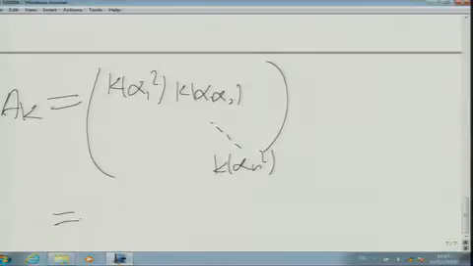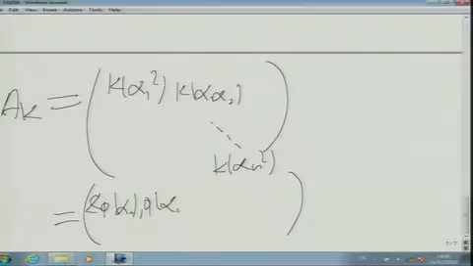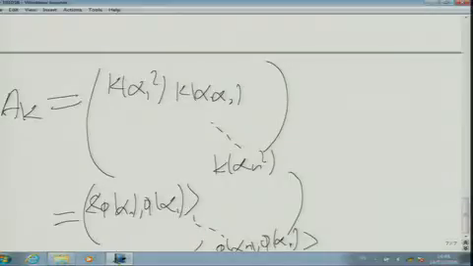And the function K can be written as the inner product of phi(alpha_1) to phi(alpha_n). And since A_K is in an inner product form, which means all its entries are inner products, we can conclude that A_K is positive semi-definite.